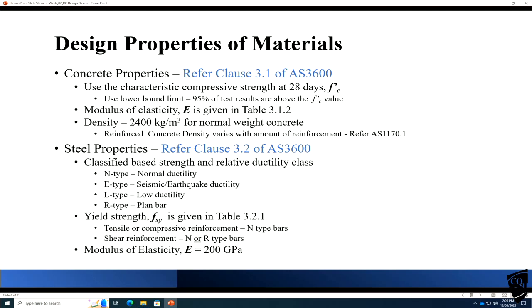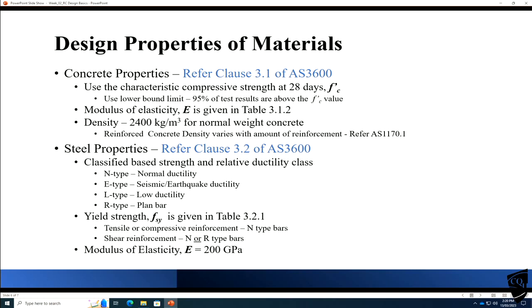So clause 3.1 gives all the properties we need for the concrete design. You should be able to read clause 3.1 and find out what f'c means, and for a given f'c, the characteristic strength, what the modulus of elasticity and the density are. Everything is given there.